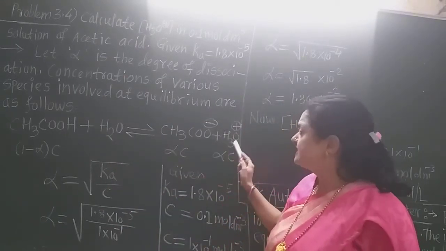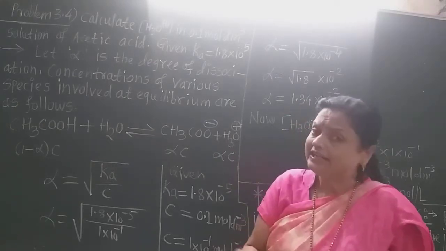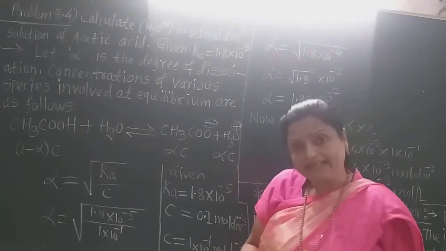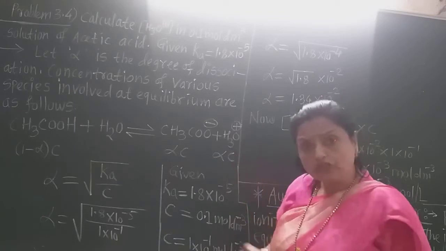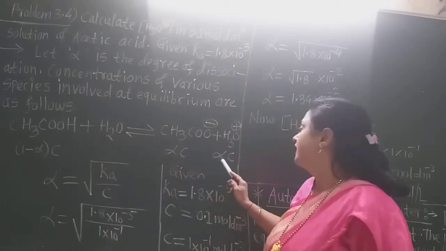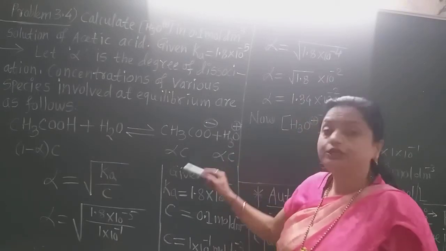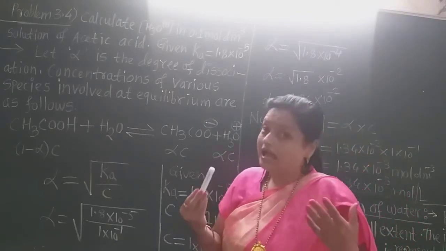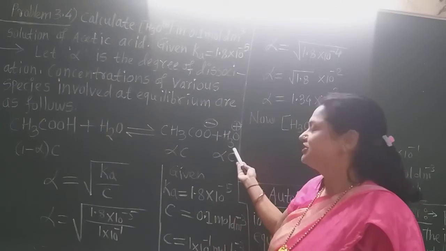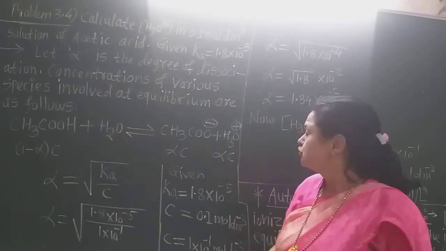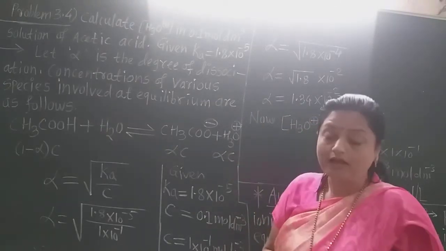Now the ions, as only alpha gets dissociated, the concentration of both ions is alpha into C, alpha into C. So if we calculate this value alpha into C, then we have the concentration of this hydronium ion.